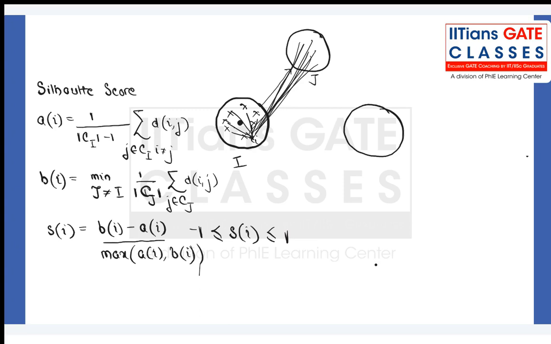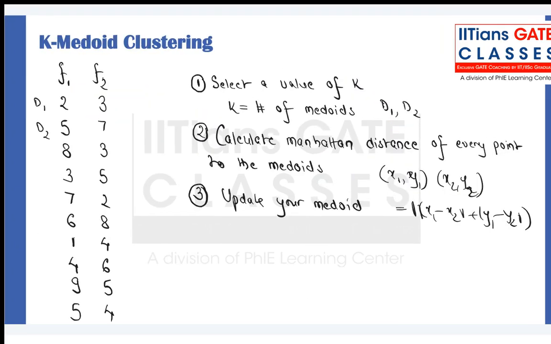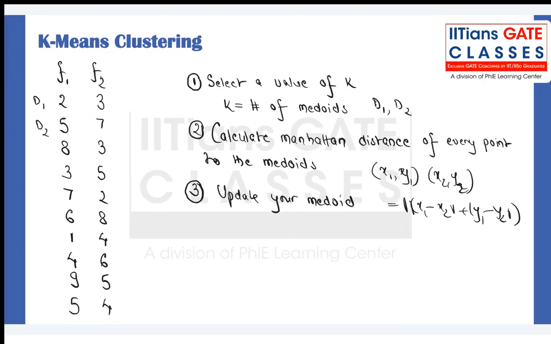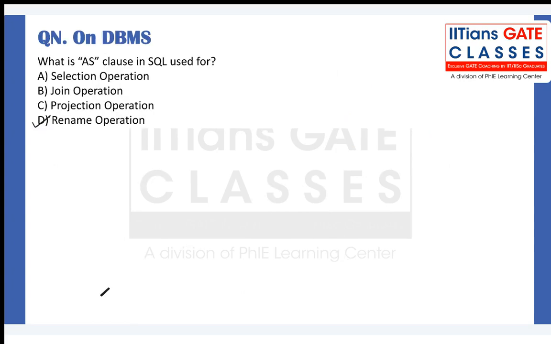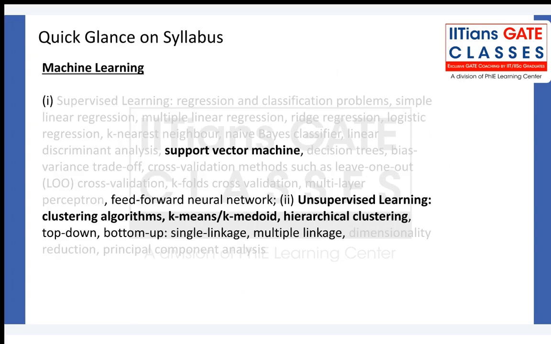Another quick glance at the syllabus: what we have covered today and what we will cover in the next class. We have covered SVMs. We have covered clustering algorithms, k-means, k-medoids, everything. We are only left with single linkage, multiple linkage, and top-down agglomerative clustering algorithms.